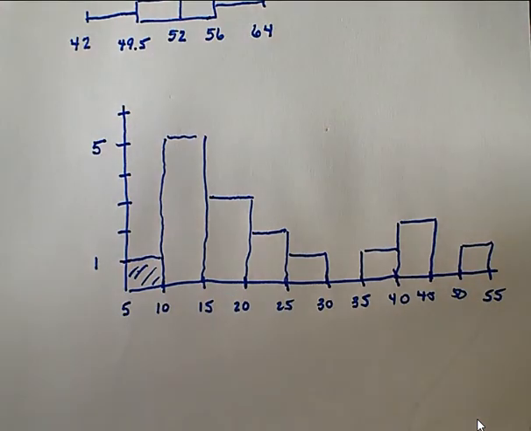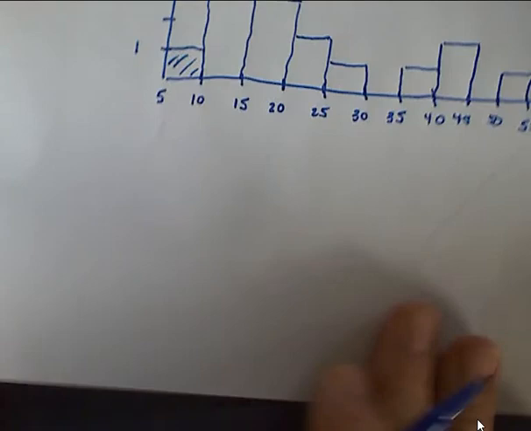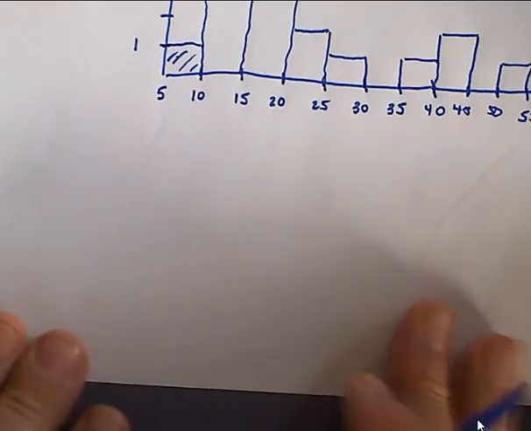Okay, so that's what your histogram should look like. For this one, when you do number 7, when you set it up, here's the scale that they used, and you can fill in from there.